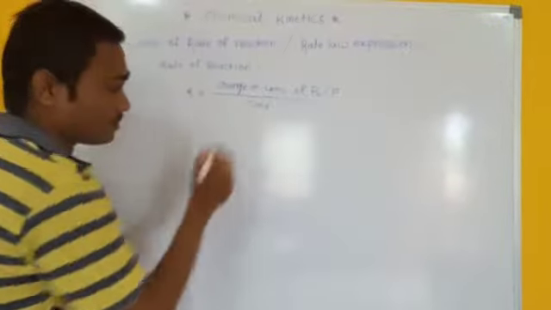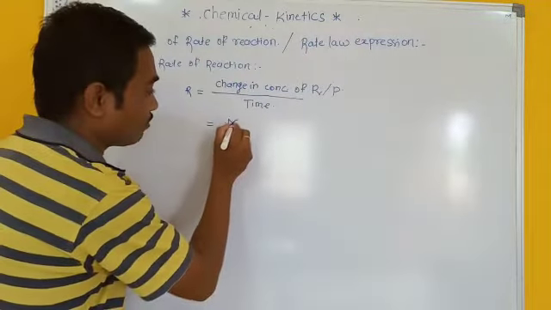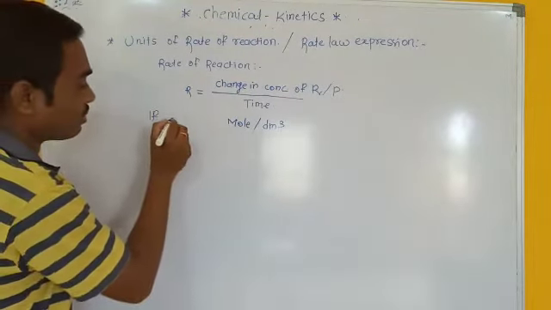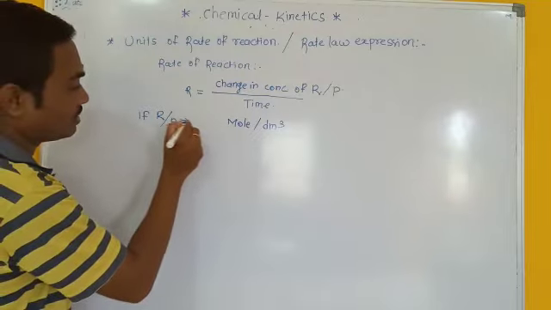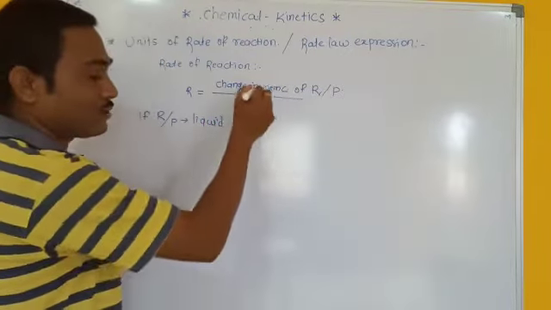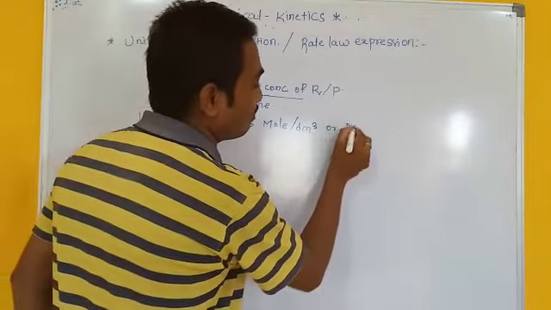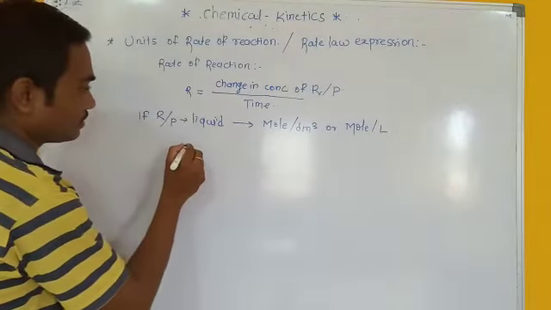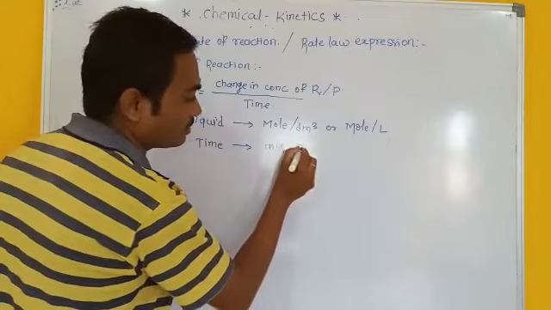If the reactant or product is a liquid, then the concentration is expressed in mole per dm³ or mole per liter, and time is measured in minute or second.